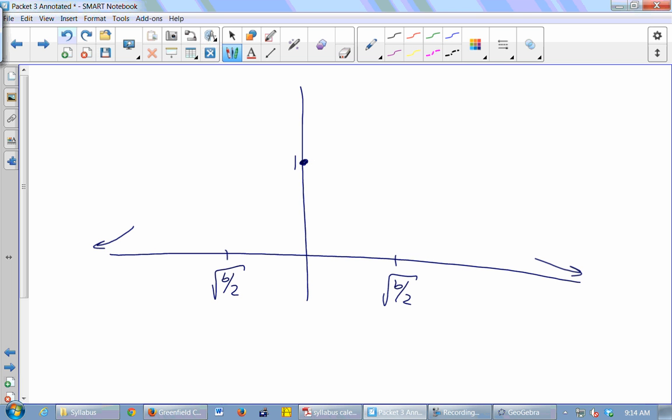So it's got to be concave down until radical b over 2, and then it switches concavity to concave up. So right here, I did my best to draw it so that those are points of inflection.